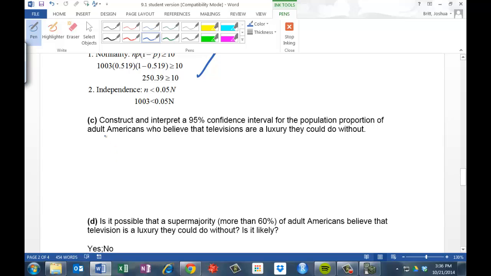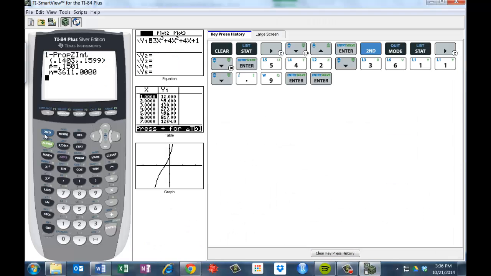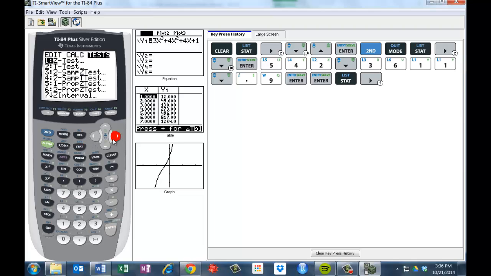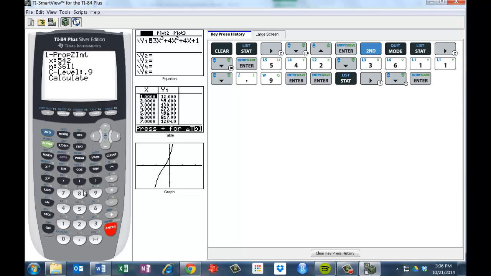So again, we're going to go over here and enter x over n. So go back to stat, go over to test, and we're going to stop at 1-PropZInt. We're going to enter x, which is 521. We're going to enter the sample size, which is 1,003.